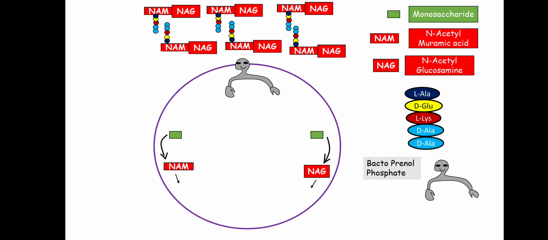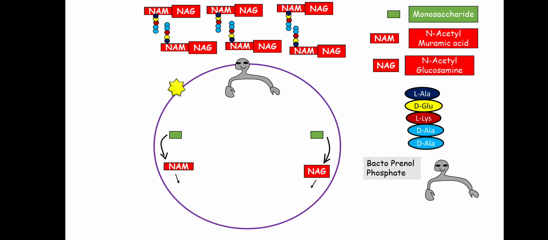Now the next step in the synthesis of the bacterial cell wall is this yellow star. This yellow star is a kind of enzyme which will be acting at this part. What it does is it will attach two peptidoglycan precursor moieties.